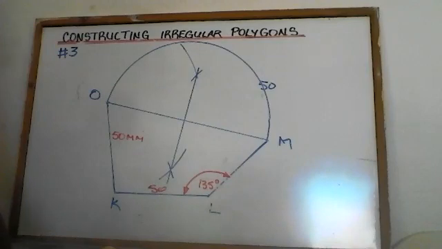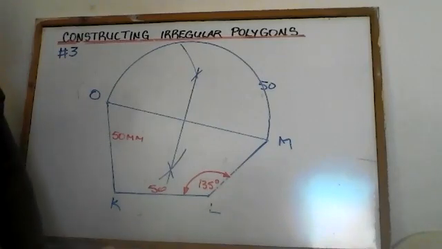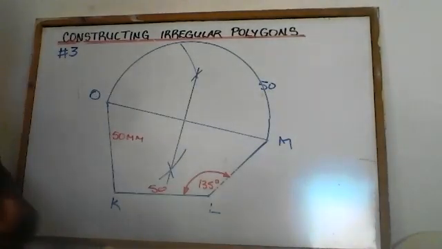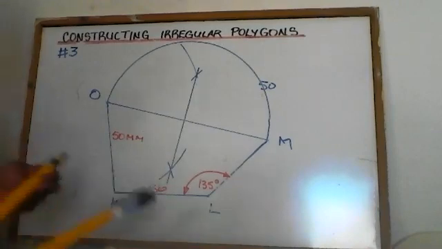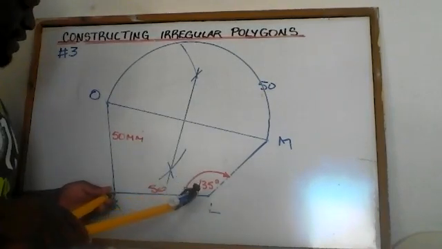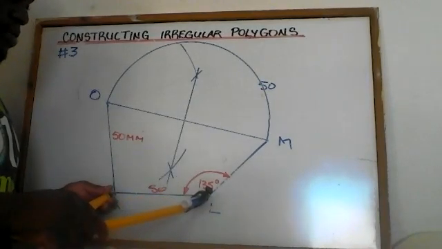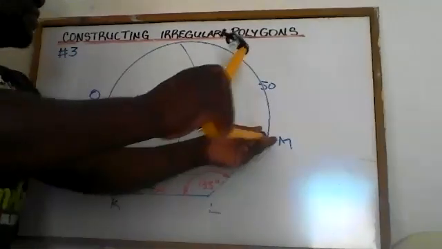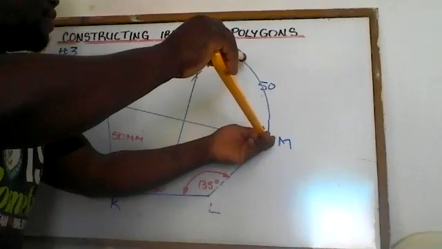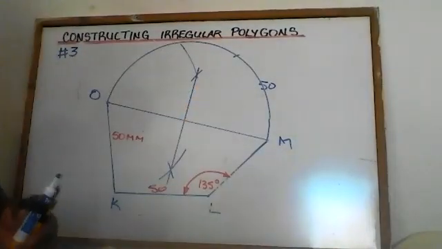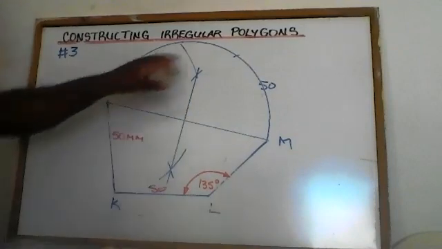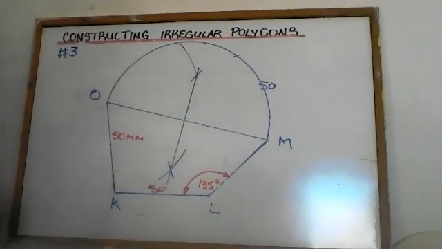So we were given the measurement for MN equal to 50. But from previous measurement, we drew the baseline KL equal to 50. Therefore, we could transfer this 50 millimeters to M. And that's a point. Recall that we have learned earlier that angle in a semicircle is equal to 90 degrees.